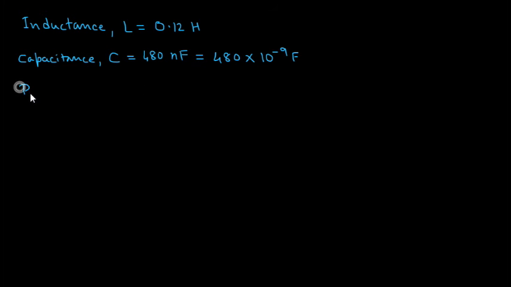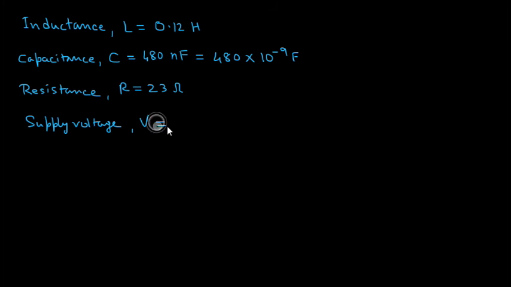Resistance R is equal to 23 ohm. Supply voltage V is equal to 230 volt.